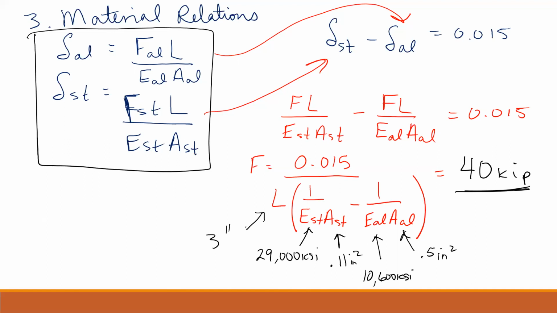The other thing we could look at is, what if this sleeve were rigid? What if this sleeve were not aluminum, but some material that relative to steel is rigid? How would that affect the force in this bolt?